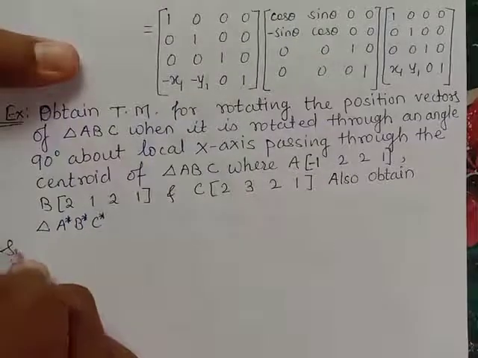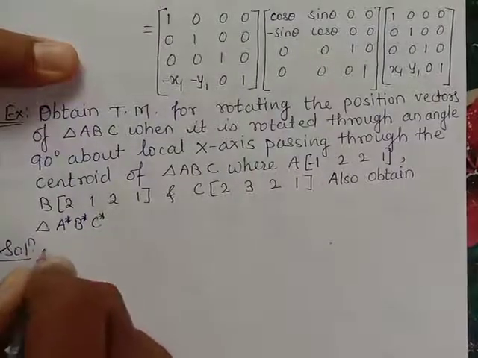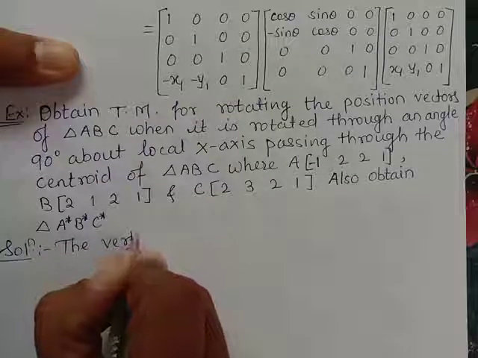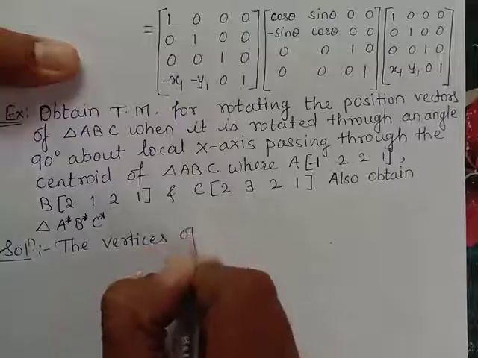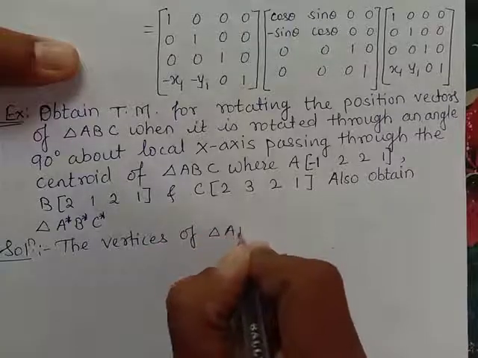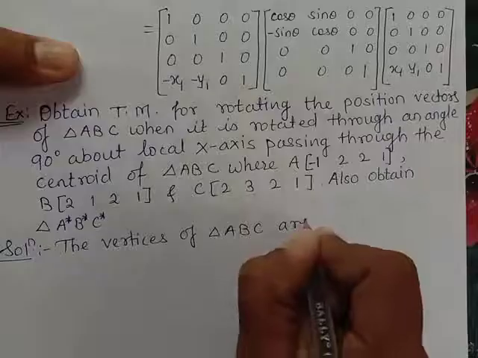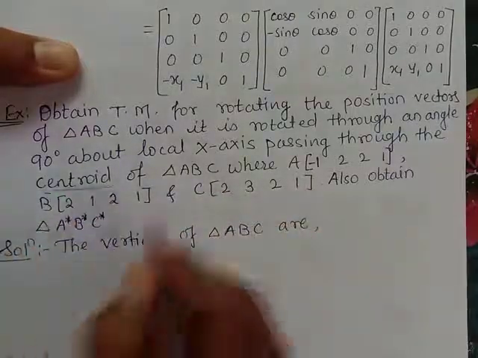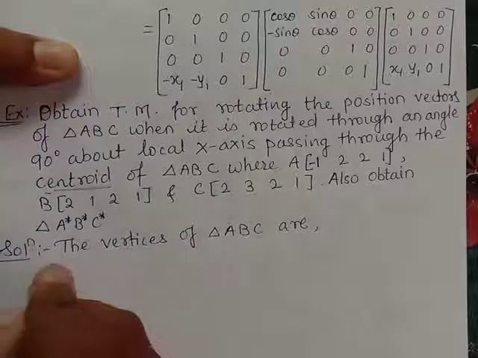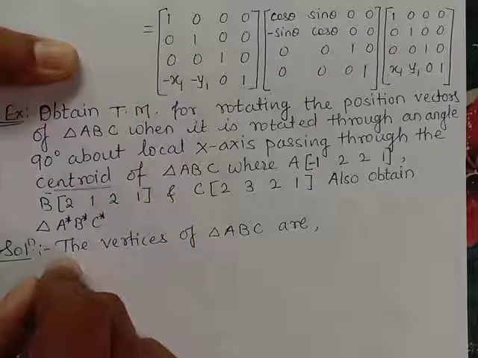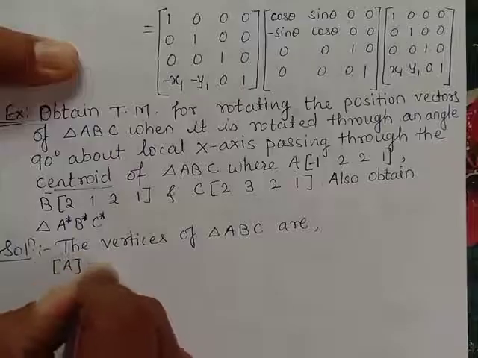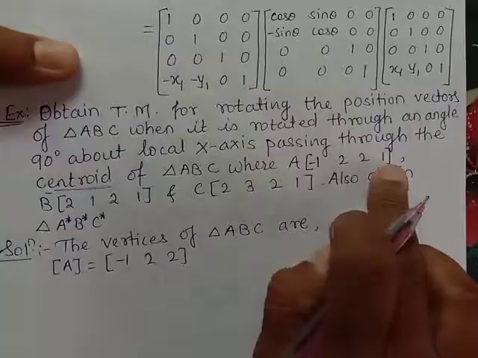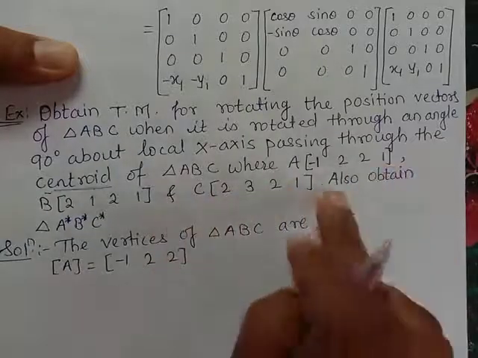Solution: first of all, we need to determine the centroid of this triangle ABC. That's why I am writing this. The vertices of triangle ABC are: A is (-1, 2, 2), this is homogeneous coordinates, we won't write that one now.